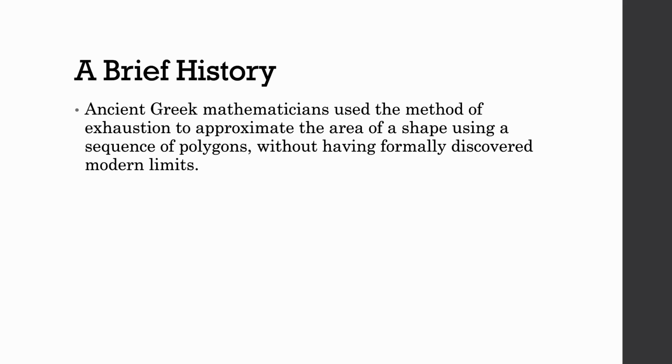Without going too deep into it, essentially they would take a polygon and approximate it to the area of another one and exhaust whether it was less than the area of the given shape and then more than, and when both of these are proven false and exhausted, they would prove by contradiction how to determine the area of the shape.